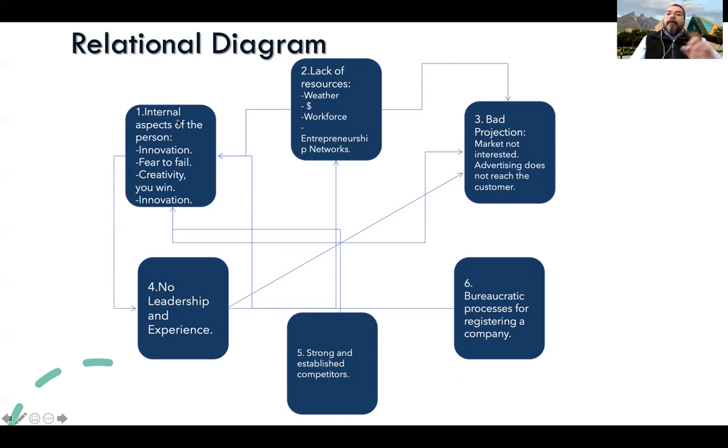Then we ask the same question with number 1 and number 3. Number 1 causes number 3, or number 3 causes number 1. There is never the case where they cause each other, because that would create a cycle that we don't need in this analysis.